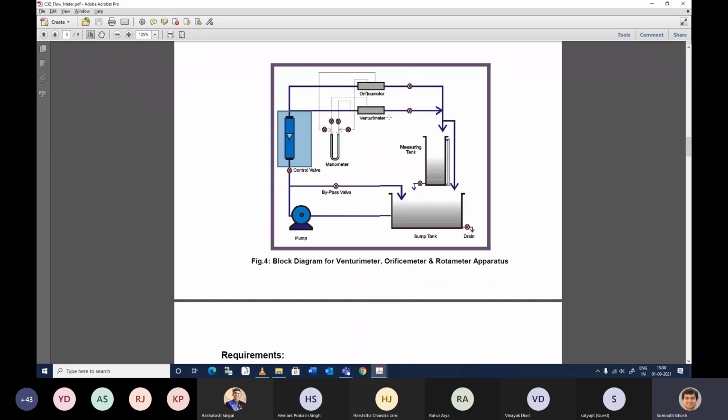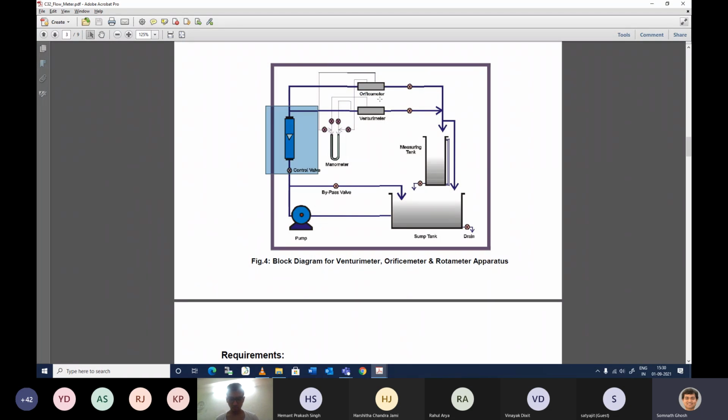In the experimental setup, you can see there are two meters sitting parallel to each other. When you measure the flow rate or collect the data for the venturi meter, you will close the orifice meter. Then you will get the flow only for the venturi meter, and for the orifice meter, you will close the venturi meter. But for the rotameter, one of these needs to be open.